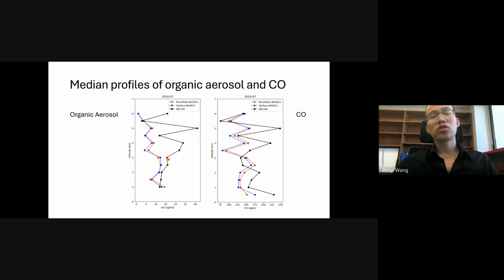So the results show that the models tend to underestimate the organic and the carbon monoxide concentrations. With the polymerized, this lower bias can be further reduced at the altitude between 3 and 5 kilometers.